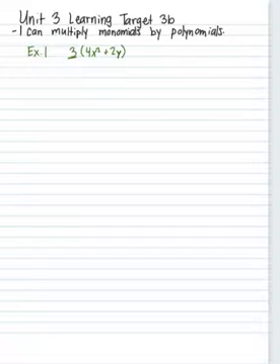You all know that we would distribute the 3 to the 4x squared, and we're going to distribute the 3 to the 2y. When we're multiplying and we've got numbers and variables in there, you multiply your numbers together, you multiply your variables together, and then write down what you have. In this case, we just have a number out front, so when we multiply the 3 and the 4, we get 12.